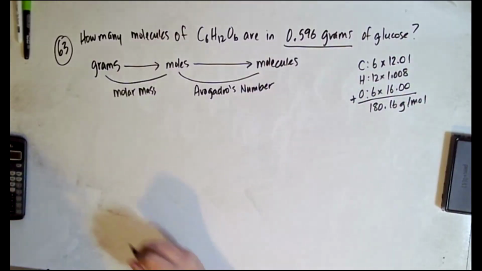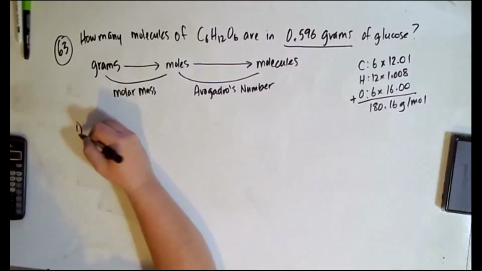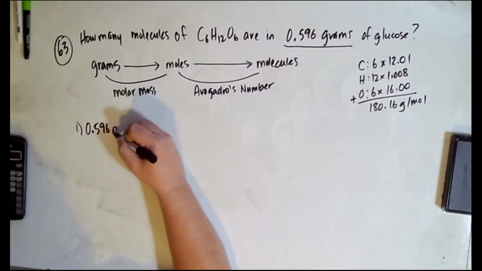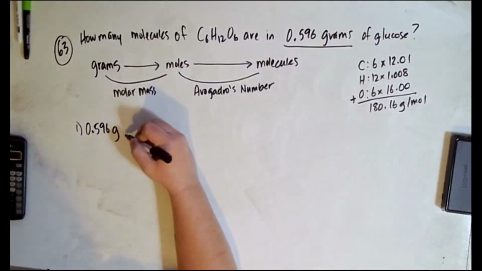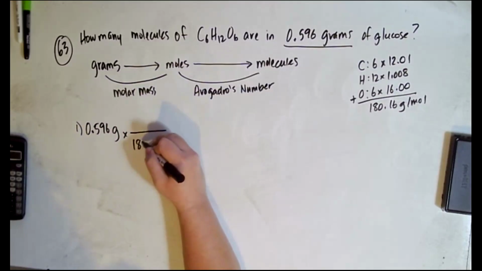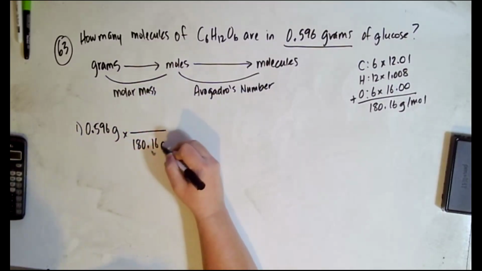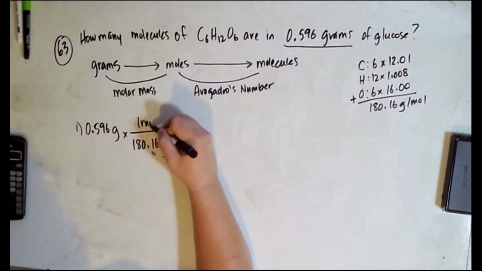Okay. So step one, we're starting out with our 0.596 grams of our glucose. There's 180.16 grams in 1 mole.